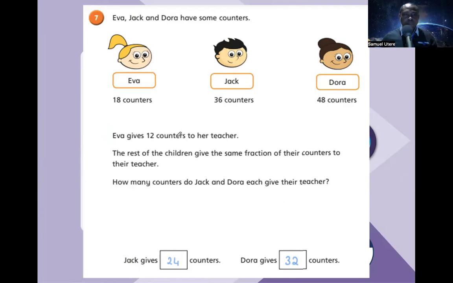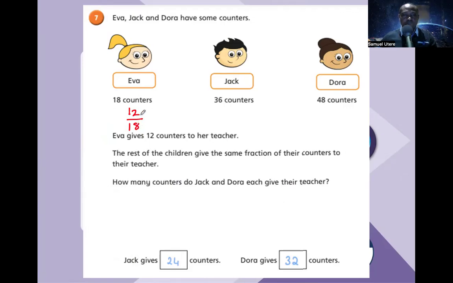So Eva gives 12 counters to her teacher. So Eva had 18 counters. If she gave 12, the fraction which she gave is 12 out of 18. So they're asking us, the rest of the children give the same fraction of their counters to their teacher. Right.